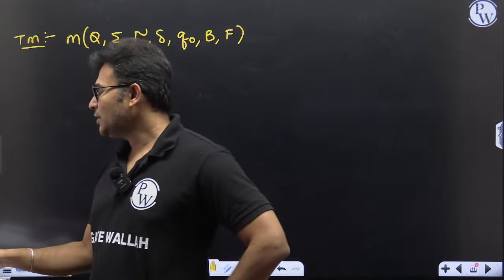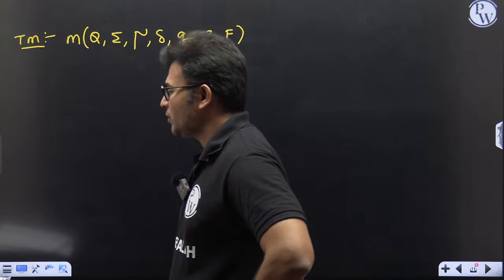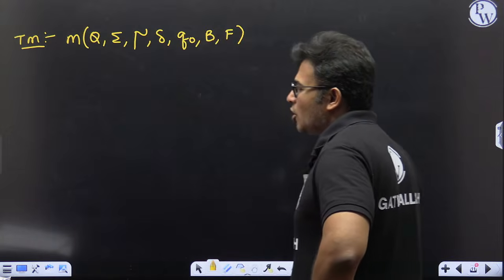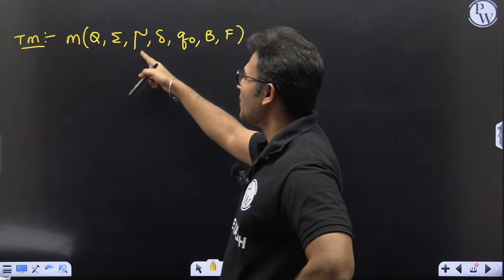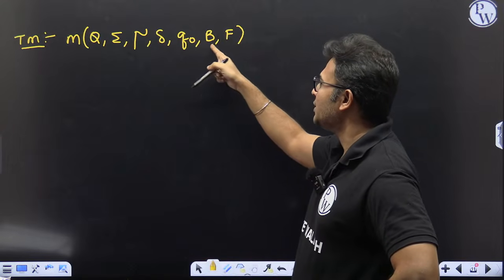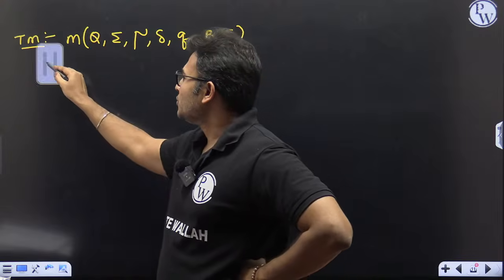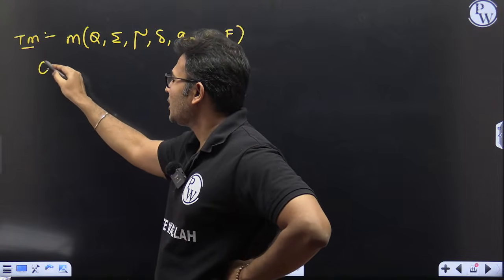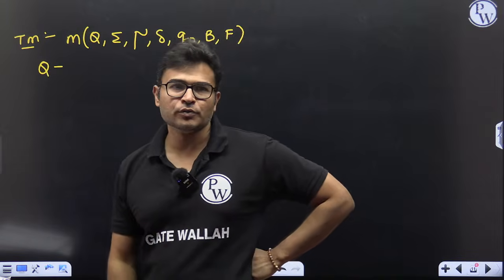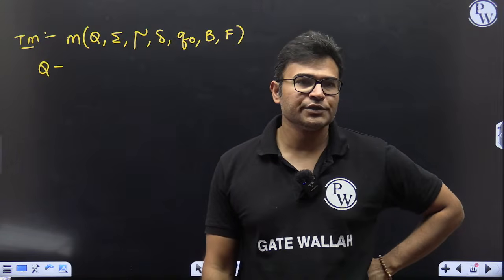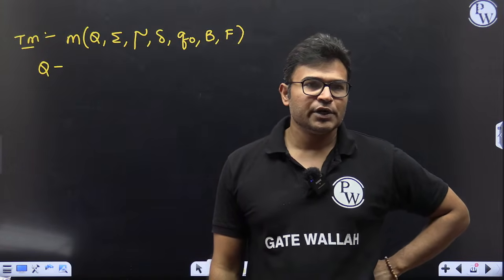So now tell me what each one of these is. Q, sigma, some people call it tau, some people call it gamma, delta, Q naught, B and F, right? So what is Q? You know other machines, right? We have seen other machines, so you know what is Q. Yogeshwar, what is Q? Mohit, Prince. Sir, I am studying for the first time.